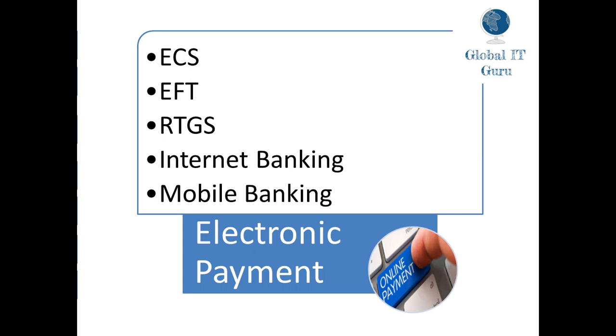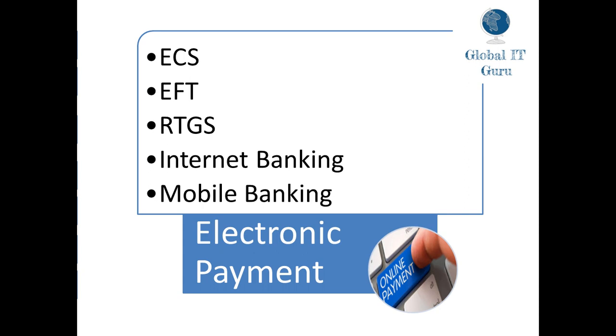Next, mobile banking. It's a combined effort of a bank and a mobile operator, or mobile provider. Users can initiate any banking transaction anywhere, anytime using their mobile. So this is the information we have for electronic payments.